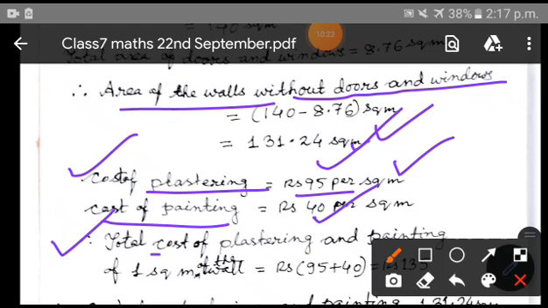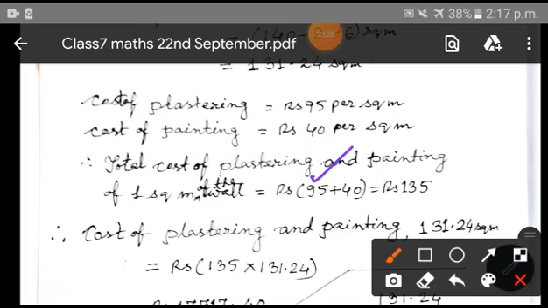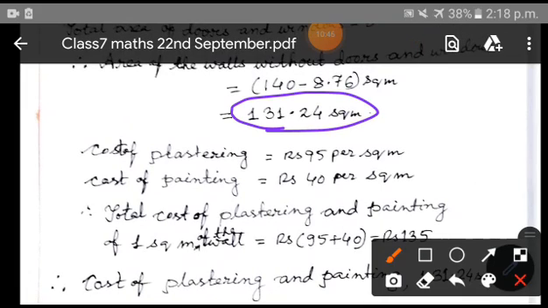So the total cost of plastering and painting will be rupees 95 plus rupees 40, which equals rupees 135. You will have to plaster and paint this much area, because this is the area of the walls excluding the doors and windows.